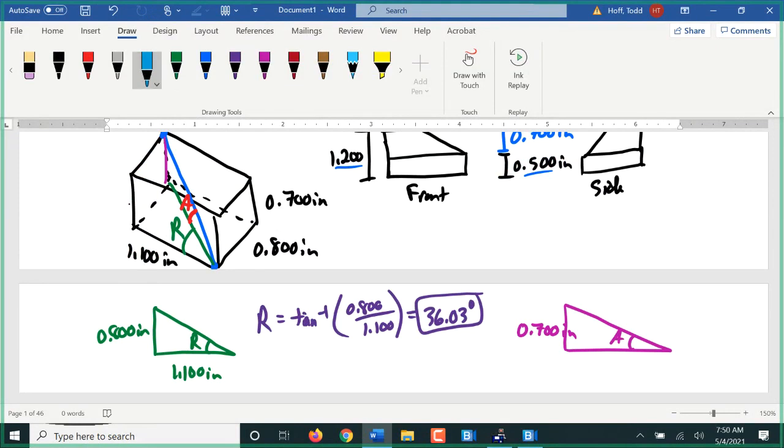When we did the drilling, we had the length of this surface here. Remember, that was the length of our bore. Let's go ahead and find that length.